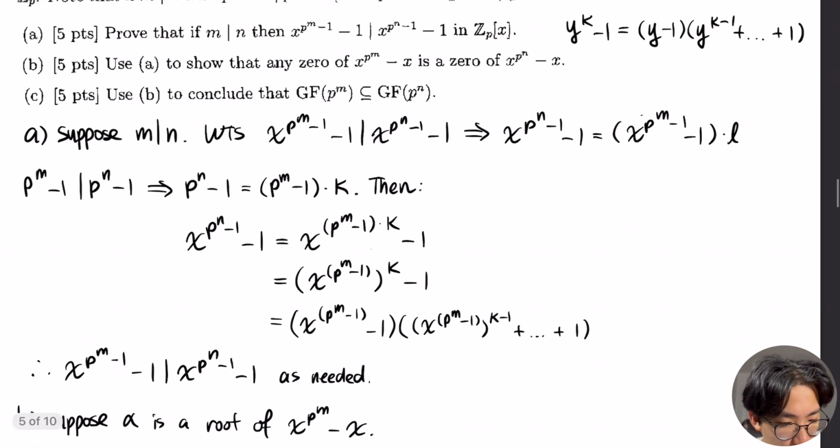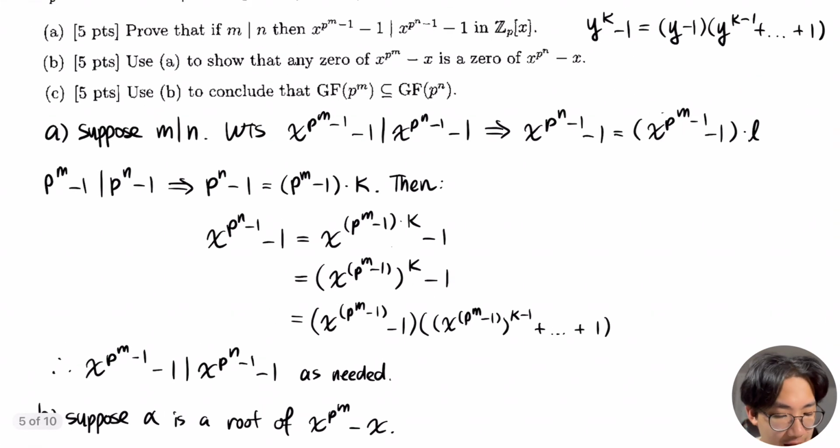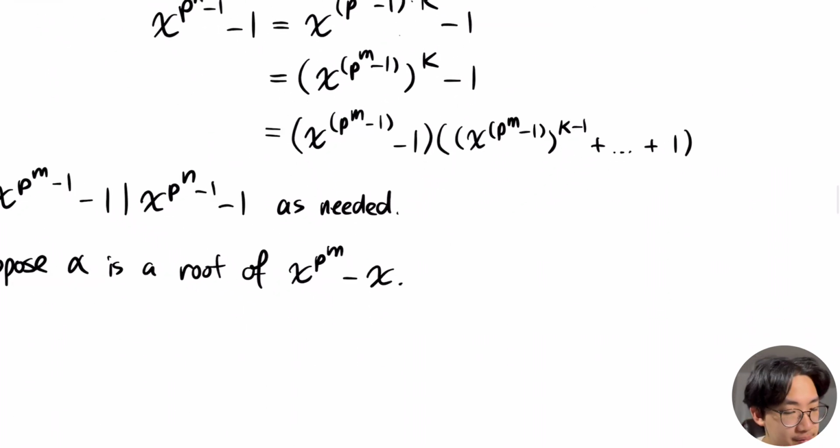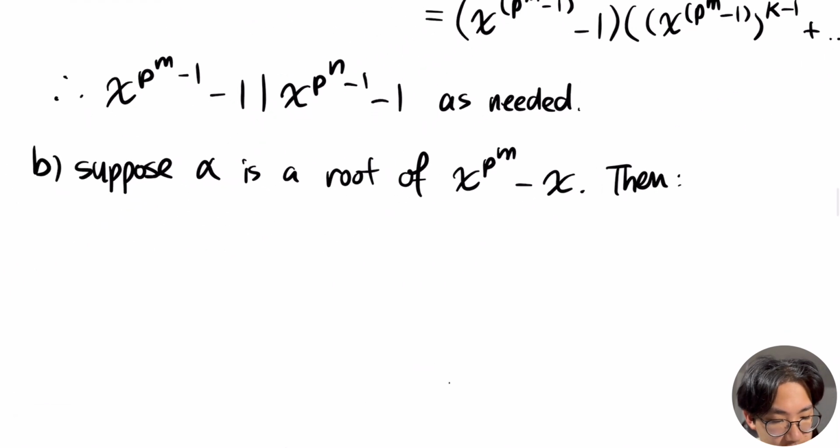And of course, what we eventually want to show is that alpha is also a root of x to the p to the n minus x as well. So we can start there and then try to manipulate a bit. So we'll plug in alpha in this case. Alpha to the p to the n minus alpha.